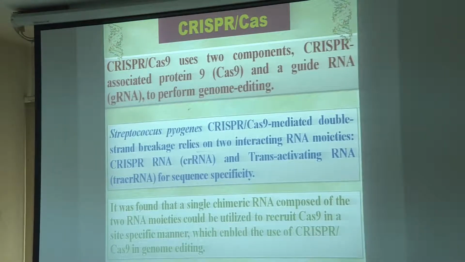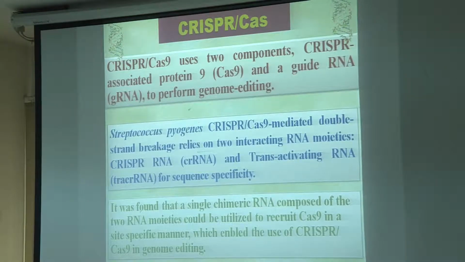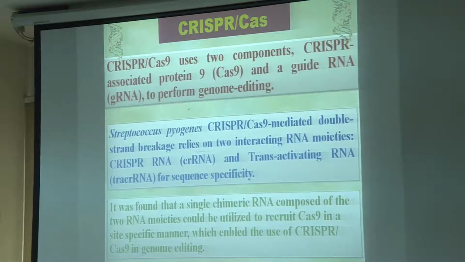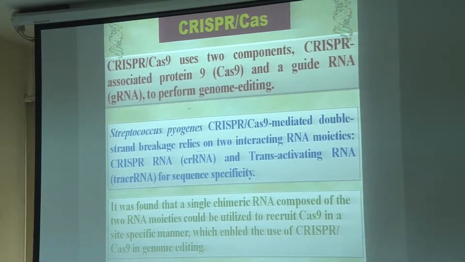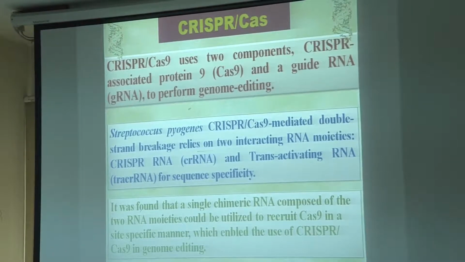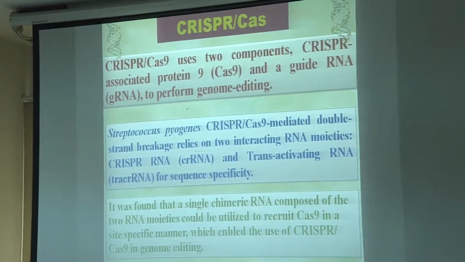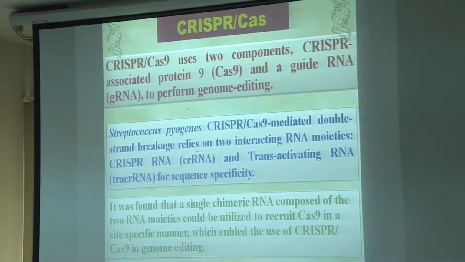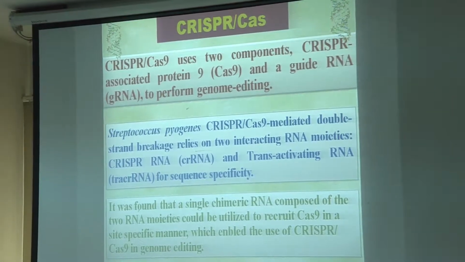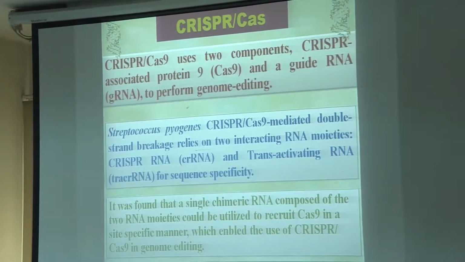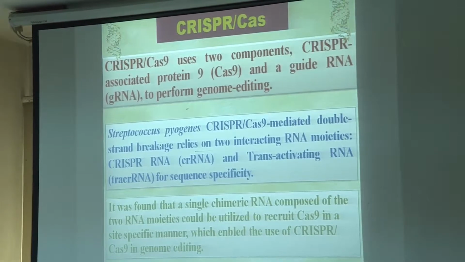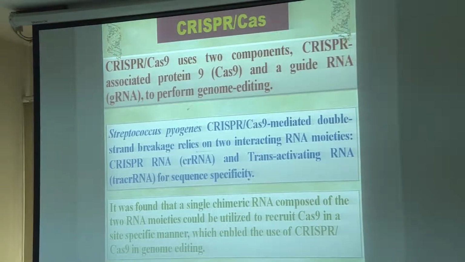If you want to manipulate or synthesize RNA, that is easier than synthesizing protein, and that too is a very small part of the RNA molecule. So, that single RNA molecule is guiding the nuclease where to go and bind. That is why it is called guide RNA, guiding the enzyme to bind and then act upon the DNA. It has been converted from two RNA molecules into a single one, so single guide RNA, sgRNA.